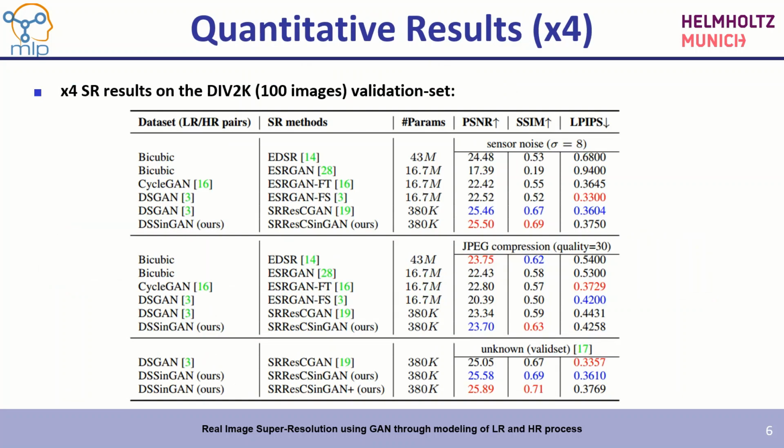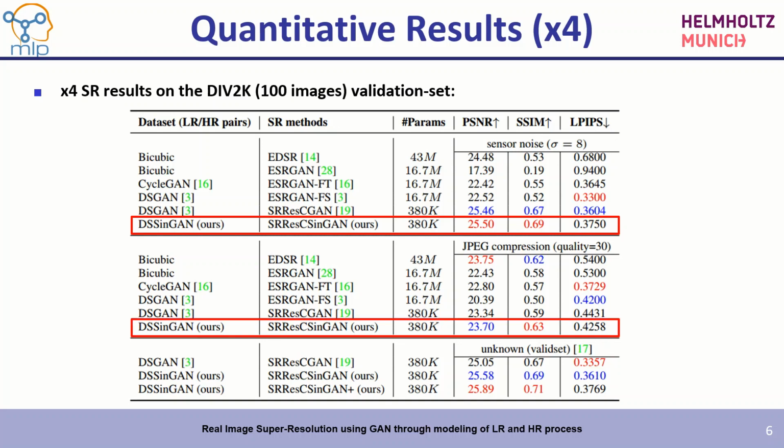For the quantitative result comparison, we show the 4x upscaling SR results on the DIV2K validation set. In the upper portion of the table, we compare our approach with the synthetic degradation like sensor noise with given sigma 8. We achieve better PSNR and SSIM values while comparable LPIPS values as well.